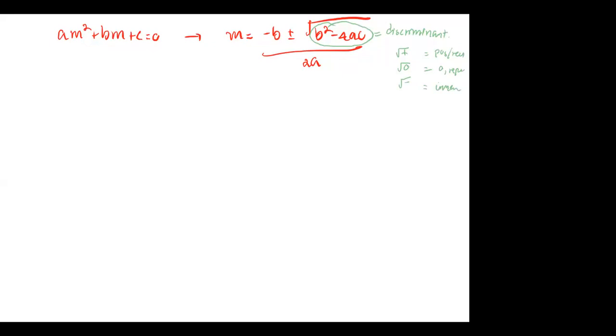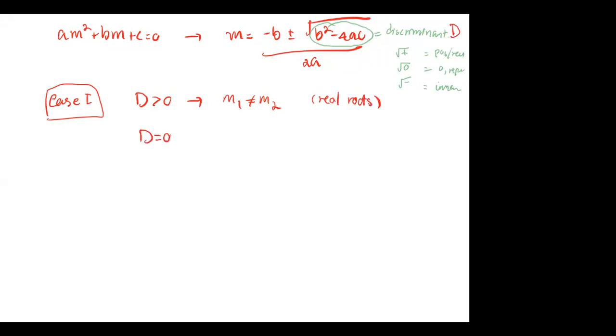So for each case, you have the discriminant here. Let's use the term D. For D greater than 0, you have m1 not equal to m2, or 2 distinct real roots. For D equals 0, m1 equals m2, which is called repeated roots.